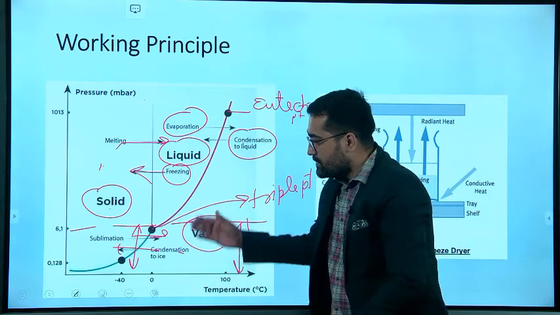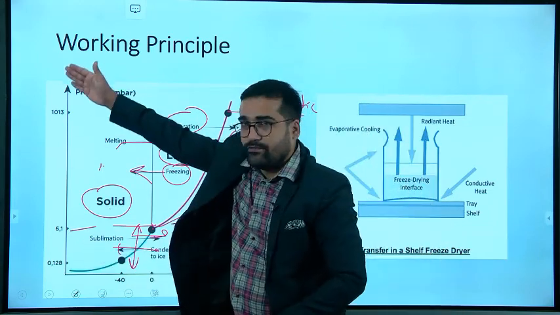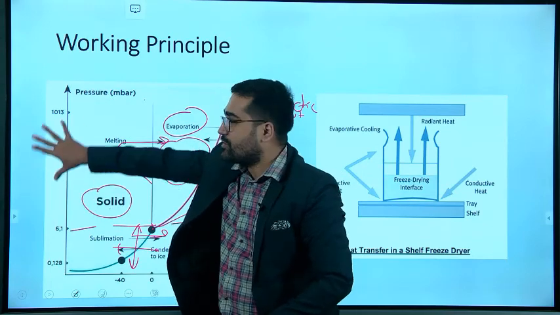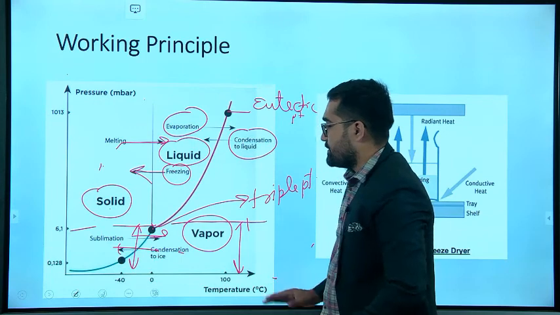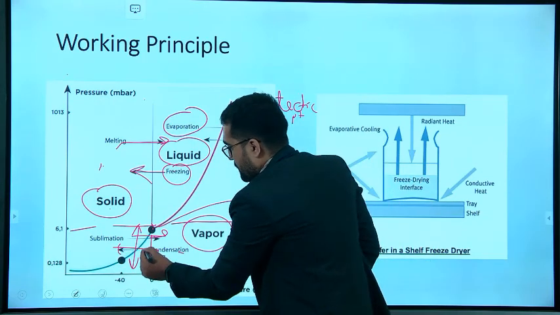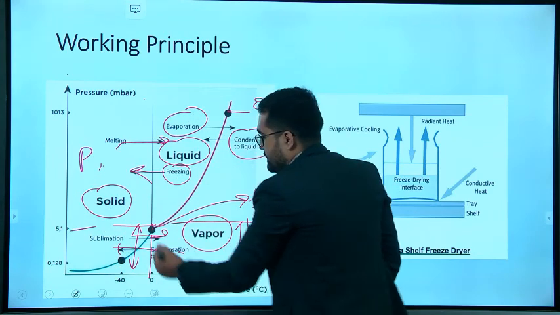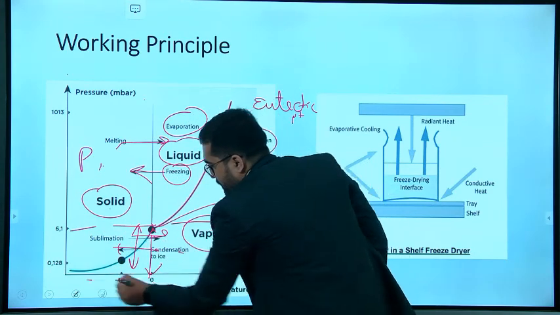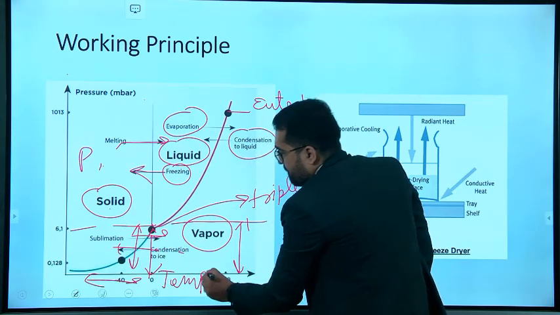Below this temperature only sublimation occurs, and this is the pressure. We need to reduce the pressure also, not only the temperature. Sorry, this axis is pressure, and this one is the temperature.